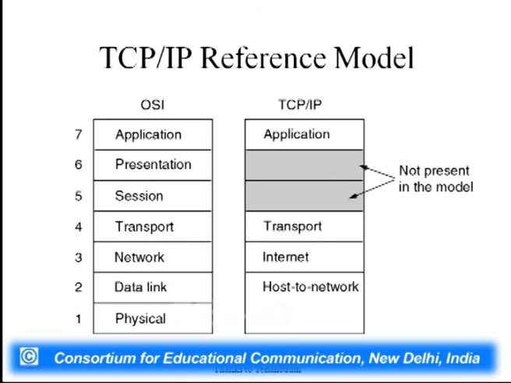Now, what were the functions of the presentation and session layers? One of the tasks of the presentation layer was to encrypt and decrypt data for security reasons, and the other aspect was to compress and decompress data, because if you are sending a larger packet, it will consume more bandwidth.